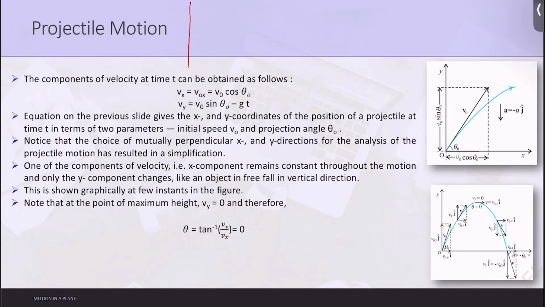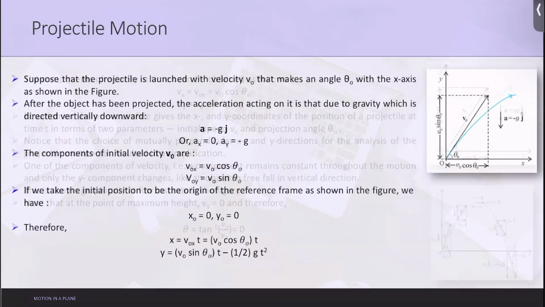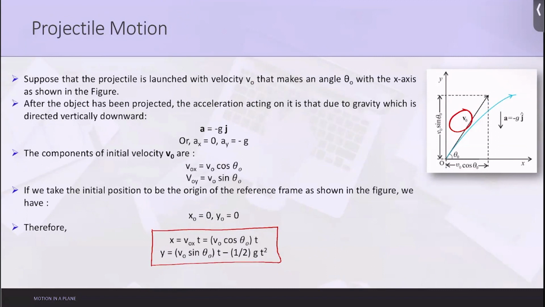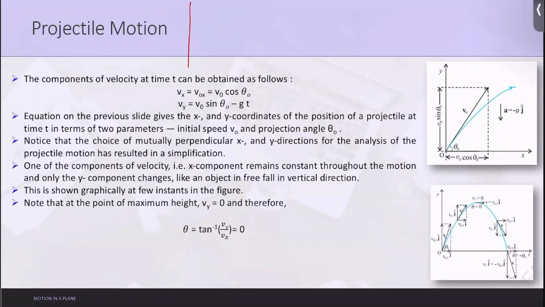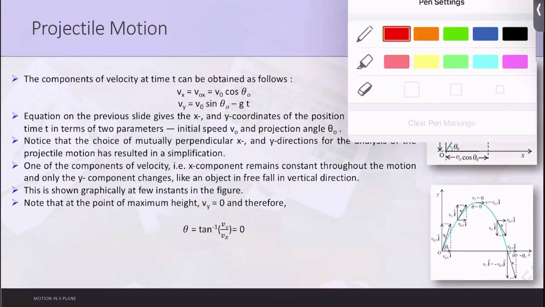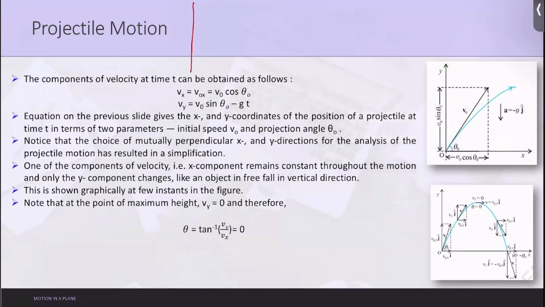How to obtain them? I think we have obtained this earlier. Now we know that we will use another kinematics equation. Velocity at some final point x is equal to the initial value plus ax into t, correct?